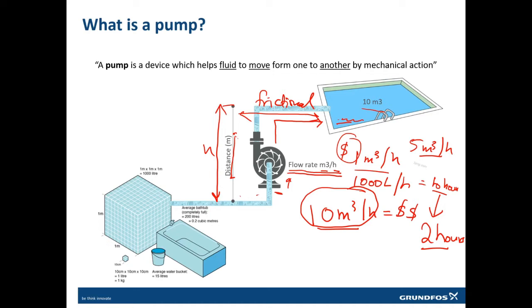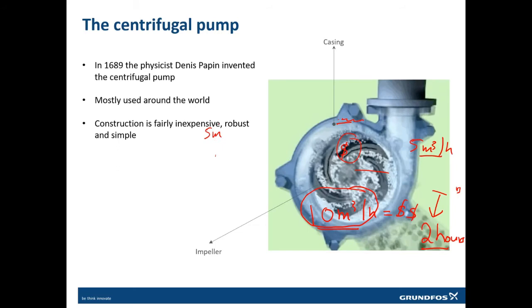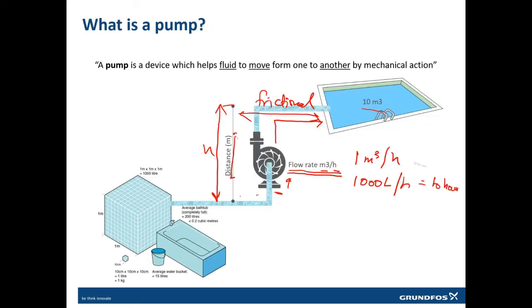This is how the hydraulic machine works, that it gives you a certain amount of water at a certain distance. Now consider this head. This swimming pool was just above the pump, so this head would be not more than 5 meters. So this pump was giving only 5 meters of pressure. But for example, this swimming pool is at a distance of 30 meters and at a height of around 15 meters.